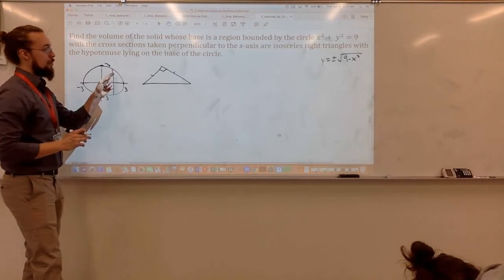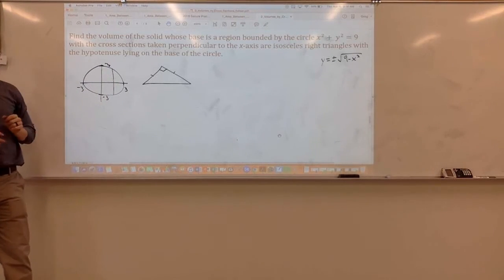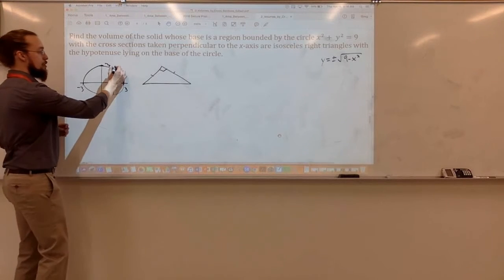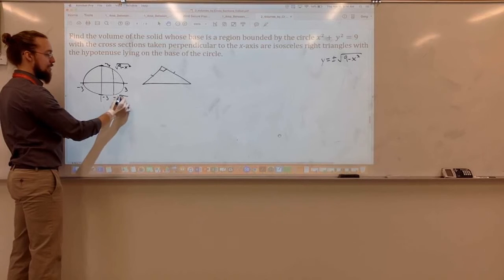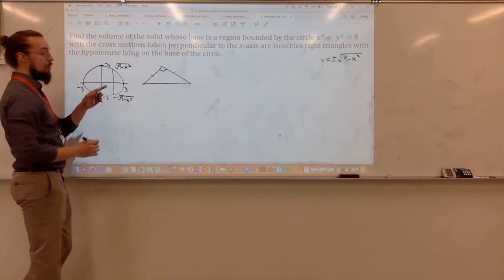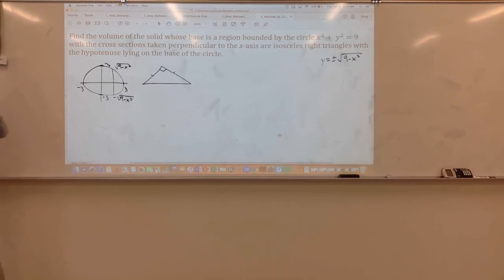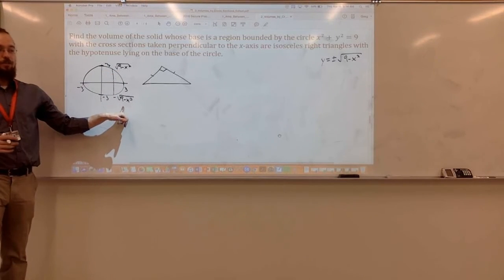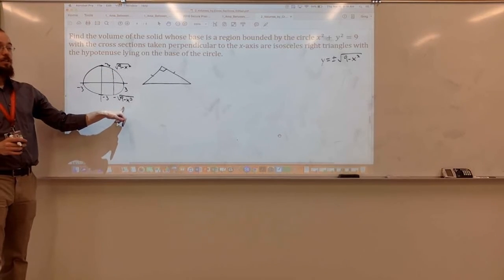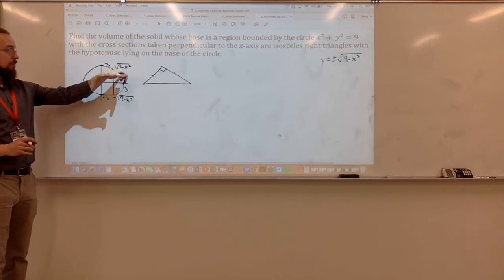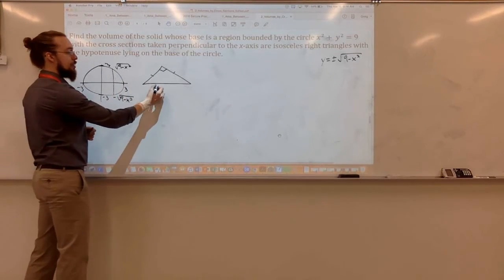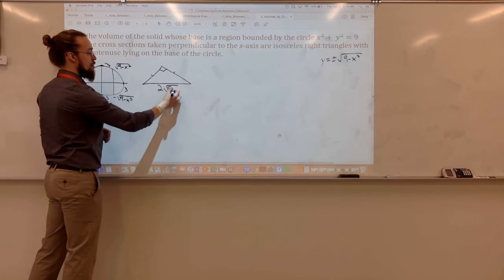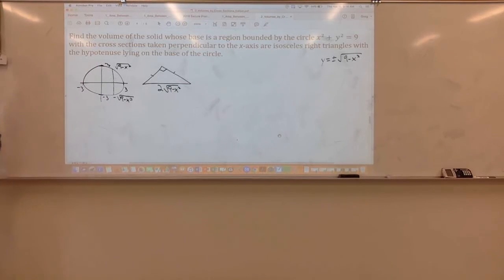So the difference between these two functions, if this one is positive root of 9 minus x squared, and this one is negative root of 9 minus x squared, if I do top function minus bottom function, it would be multiplied by 2, right? This would end up adding together. So this distance right here, we can express as 2 times the square root of 9 minus x squared.